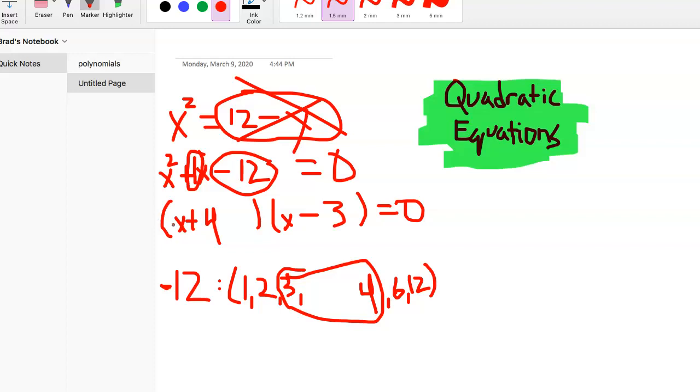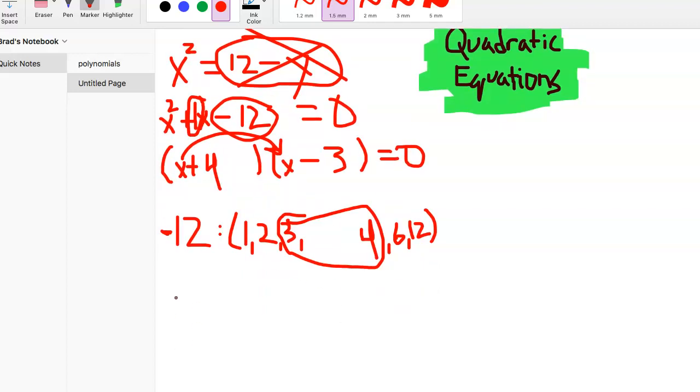So if we multiply these, we get x squared minus 3x plus 4x minus 12. Right, so we're testing to see if we did this right. x times x is x squared. Then x times negative 3, so that's negative 3x.